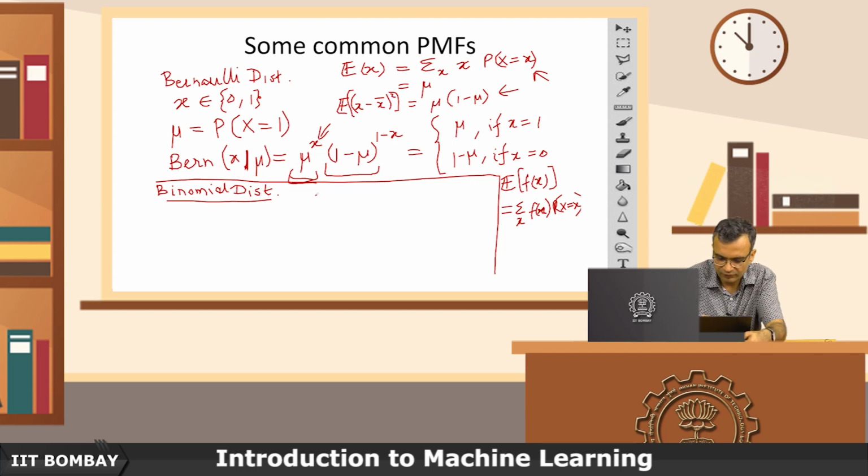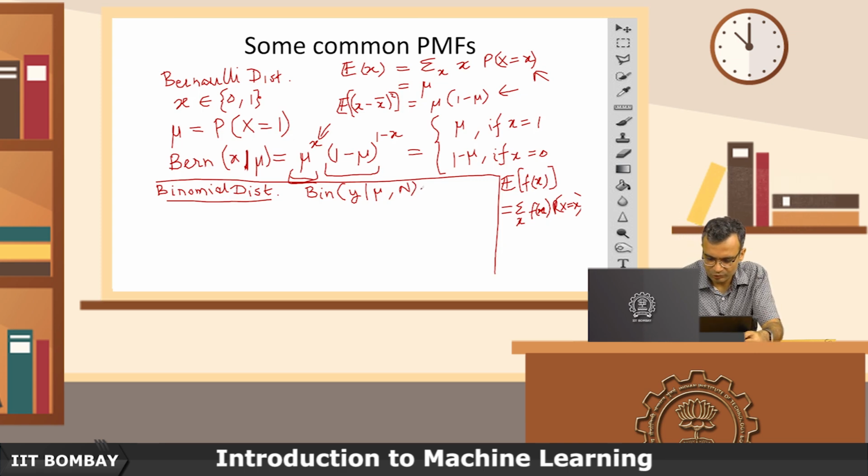So basically we will call this binomial distribution of y, given mu, the probability of landing on heads for a single coin toss, and n, the number of coin tosses. All right.